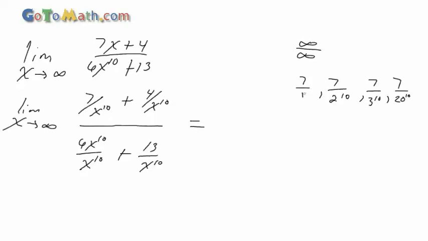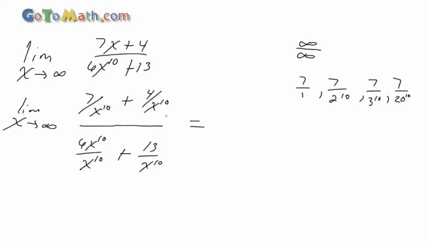Well, what's happening to the whole number? Since this is getting larger and larger and this is staying the same, the whole thing is getting smaller and smaller. And as we go out to infinity, as this number gets larger and larger, what's happening to the whole thing? It's approaching 0, right? It's going to approach 0, get smaller and smaller and smaller.